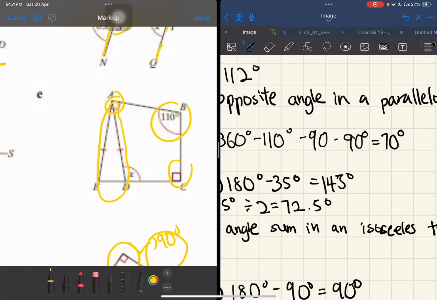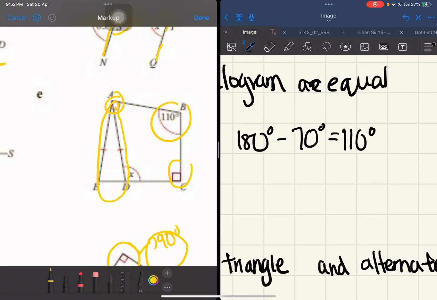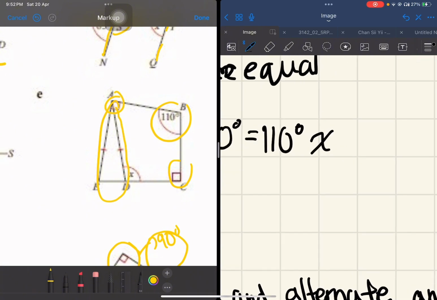So we use the angle sum of a triangle, 180 degrees minus 70 degrees, and you get 110 degrees. So x will be equal to 110 degrees.